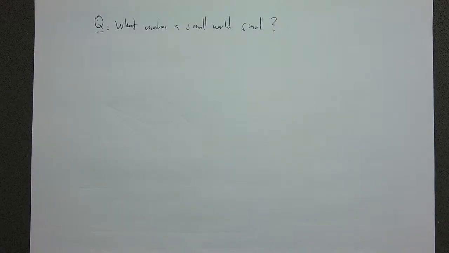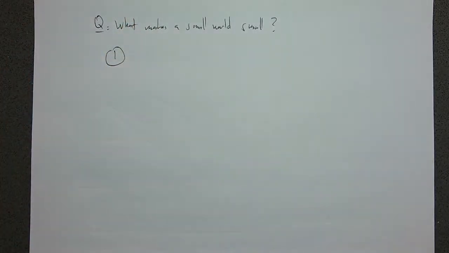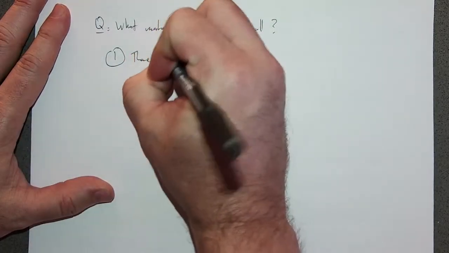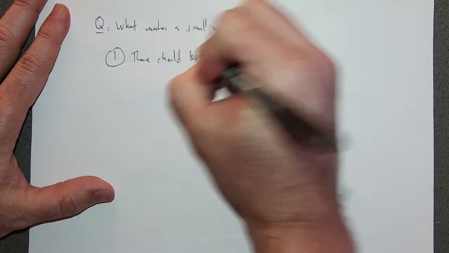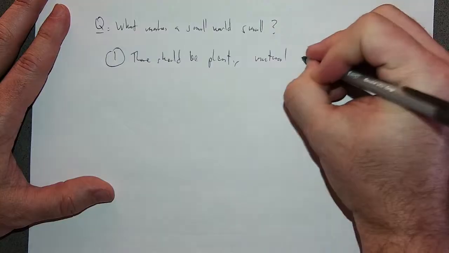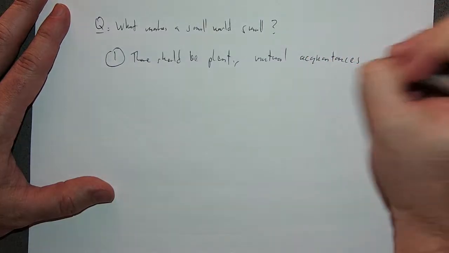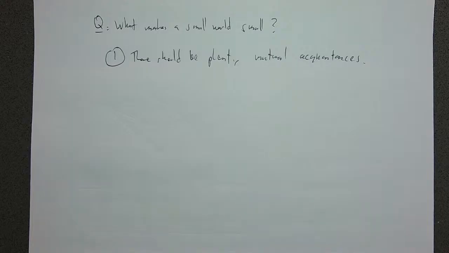Okay, so then what is the idea here? One, there should be plenty of mutual acquaintances. That's the big key here. You might see, if you imagine an 8 billion vertex graph that's a giant cycle, that suddenly this is not a small world at all, right?